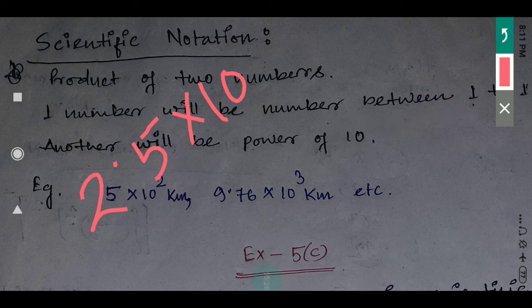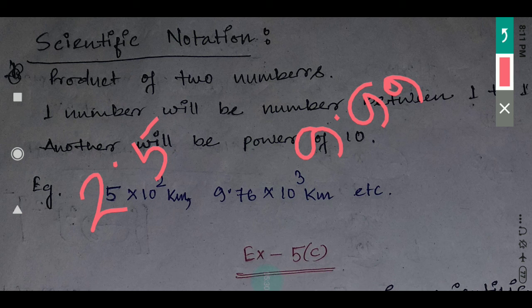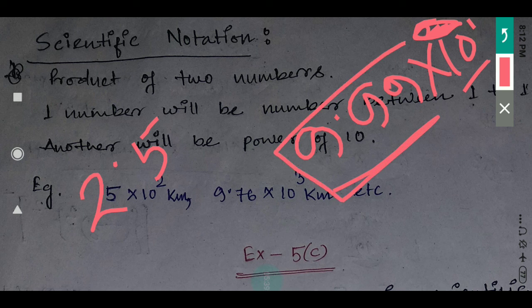You can take this also, 9.99 into 10 power 2. Whatever power is given does not matter, 10 should be there, and 9.99 is between 1 and 10. So this is also in scientific notation.